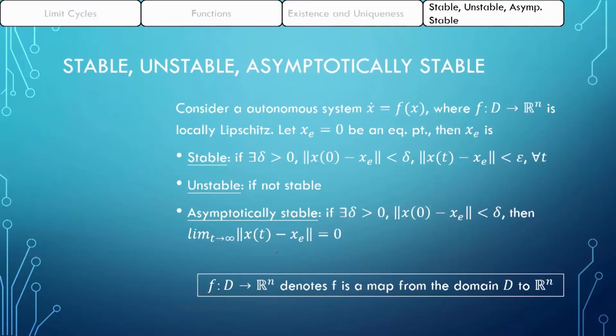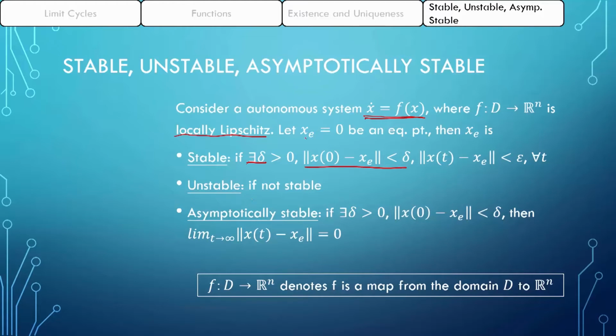Okay. Next. Stable means that there exists a delta greater than 0, which could be any positive value, as small as possible. Consider an autonomous system with some ODE, where f is a function which is locally Lipschitz. Locally means not globally.